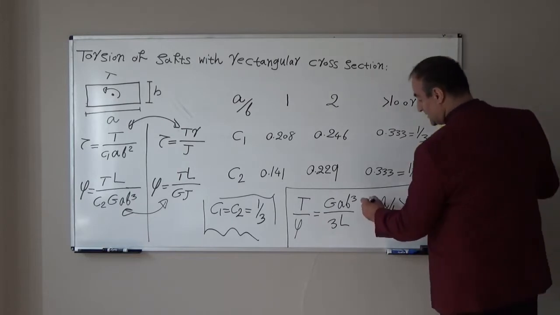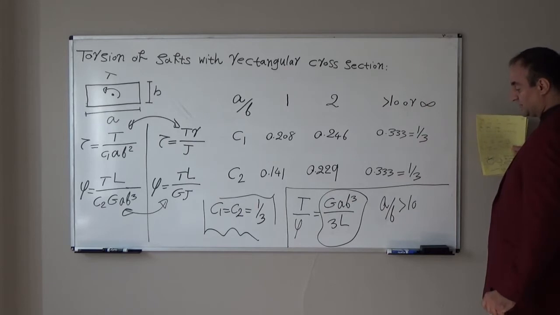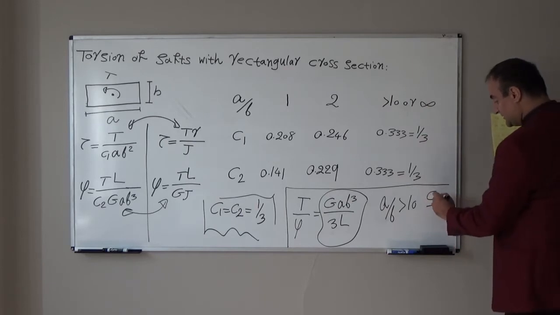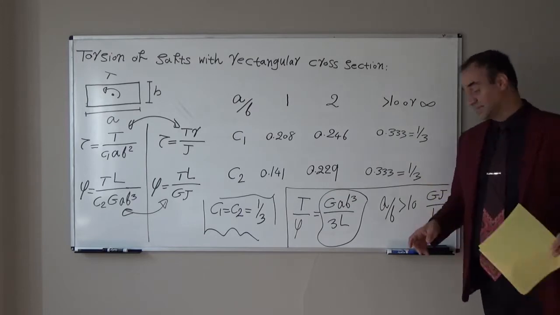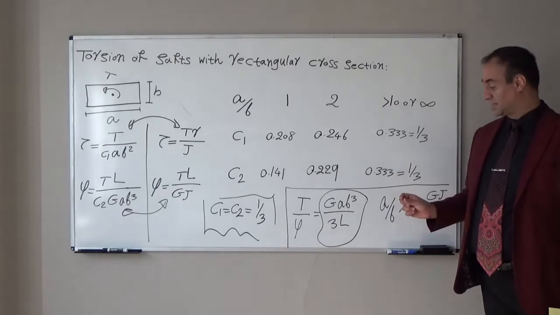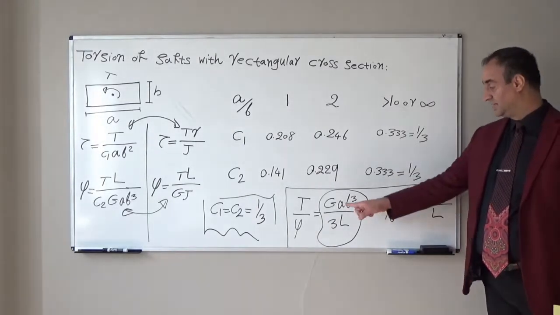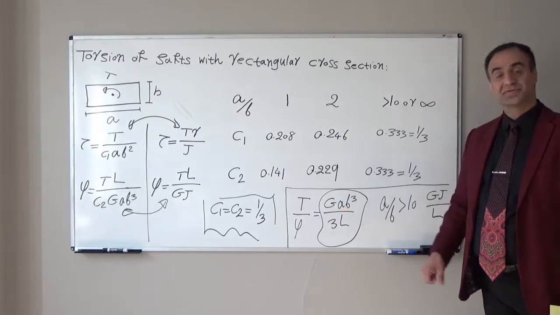This will be torsional stiffness, and you remember previously it was G J over L. See what is the difference for shaft with rectangular cross section. If the ratio of A over B is greater than 10, it will be G A B cubed over 3L.